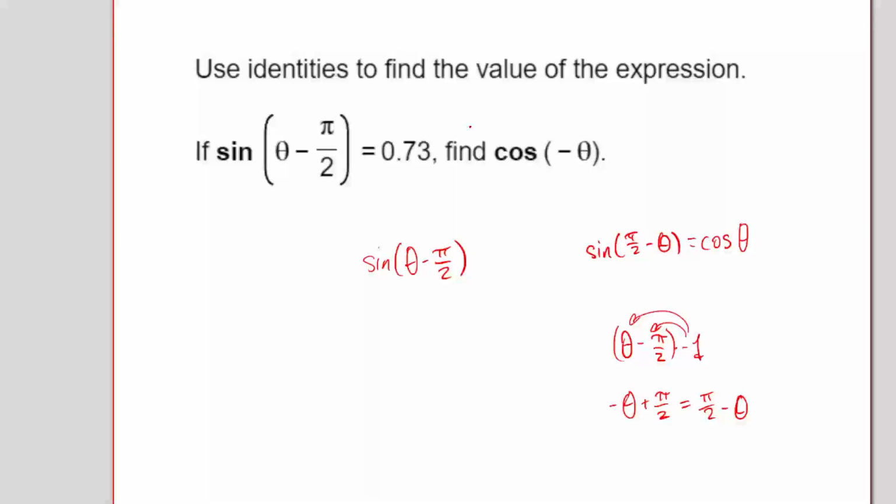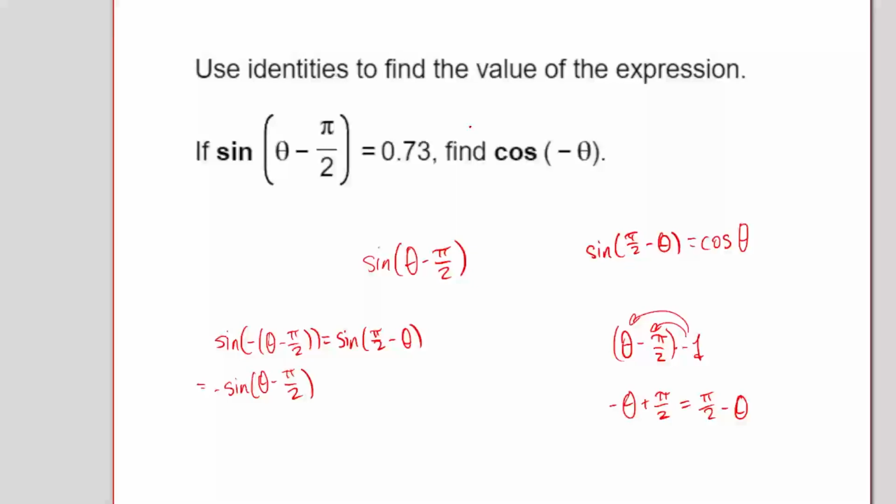But since we multiplied by a negative 1, we have sine of negative theta minus pi over 2, which is equal to sine of pi over 2 minus theta. But since we multiply by this negative, this is also equal to negative sine of theta minus pi over 2.